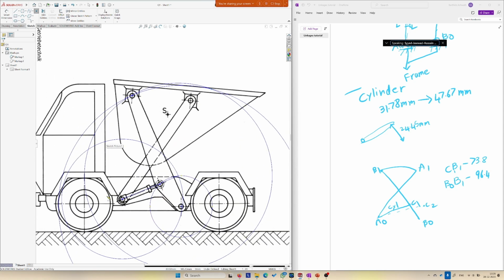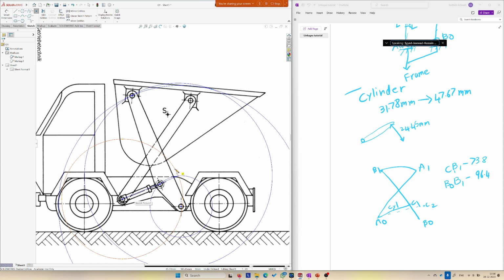Okay, so first, I'm still at A naught B naught. So you did A naught, and then you multiplied the length of the cylinder by 1.5, yes, and then you drew a circle around the A naught center point. Exactly, with the new length.